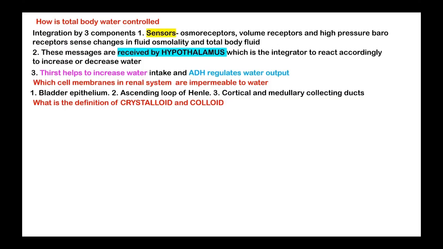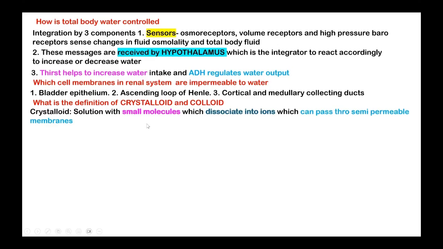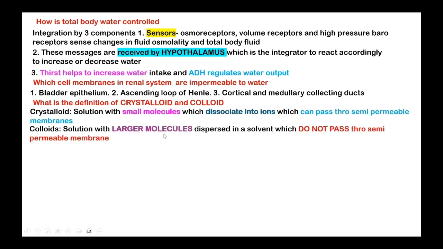Yes, sir. So crystalloids are solutions with small molecules which dissociate into ions which can pass through semipermeable membranes easily. Okay. What about colloids? Colloids are the opposite: large molecules, dispersed in the solvent, which do not pass through the semipermeable membrane easily. Okay, that is the difference.